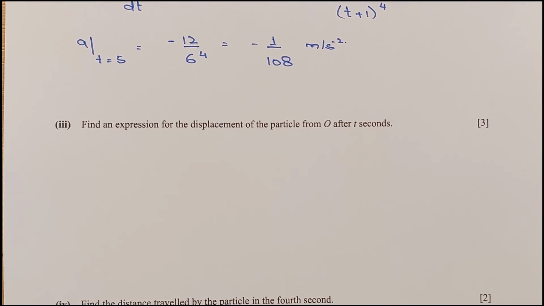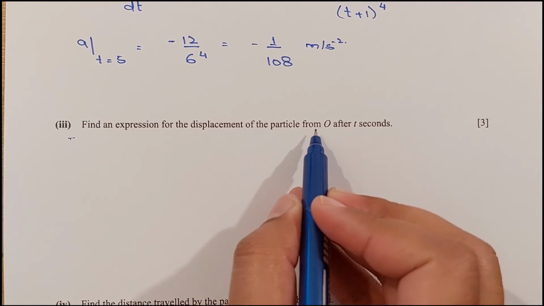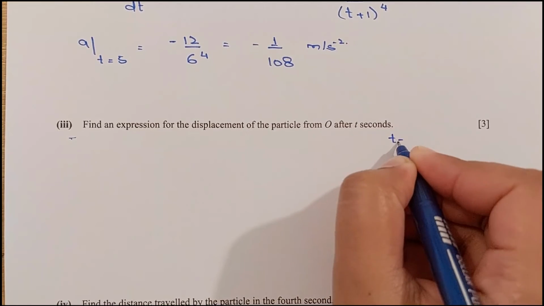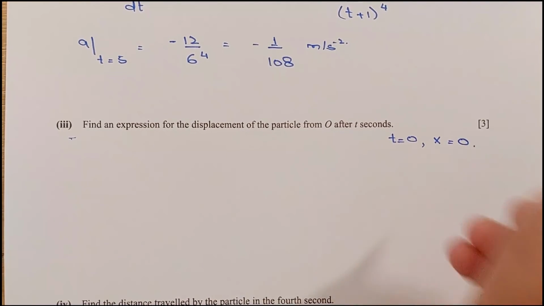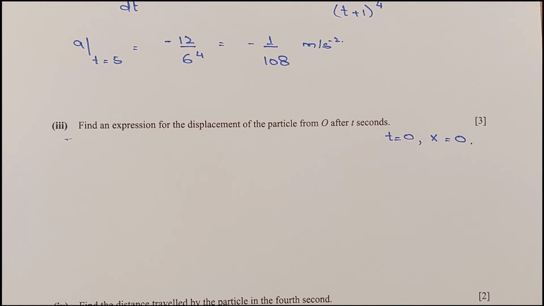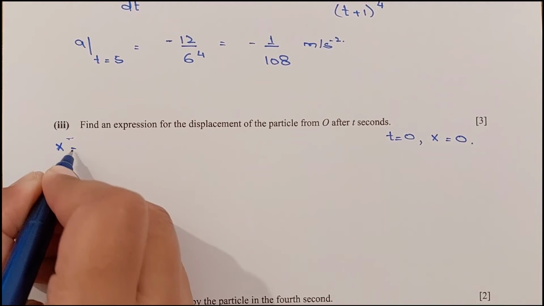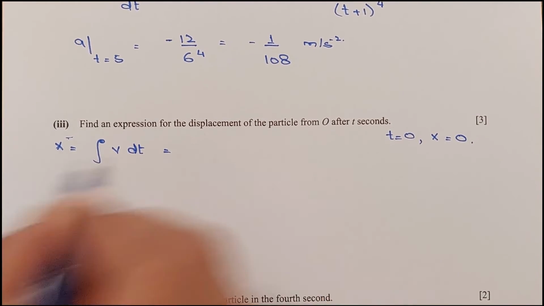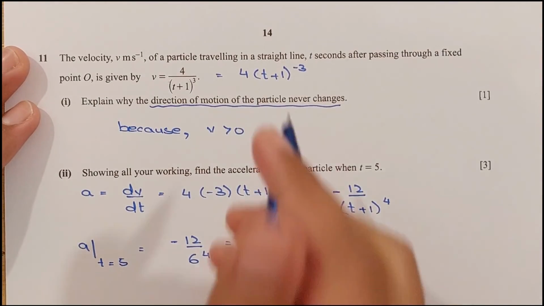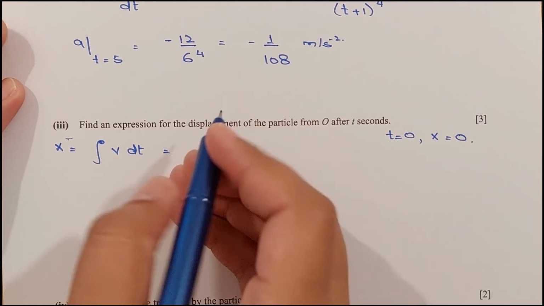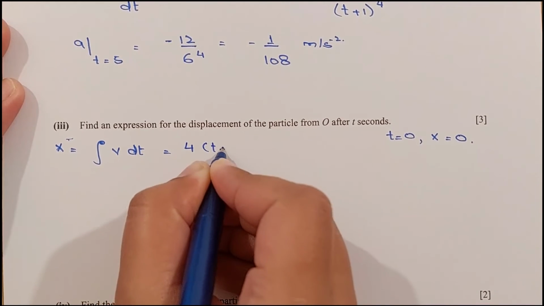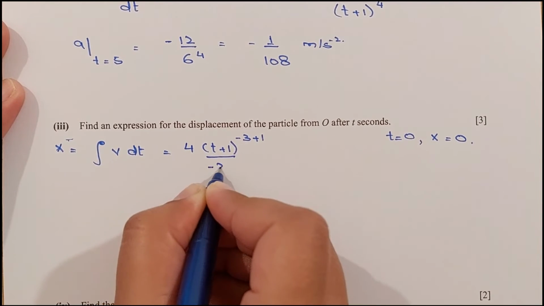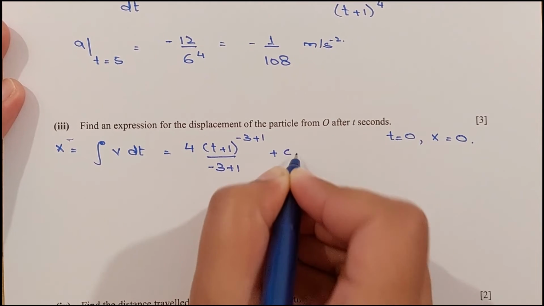Now for the third part, find an expression for the displacement of the particle from O after t seconds. When time equals 0, the displacement of the particle is 0. Displacement is the integration of velocity with respect to time, so we integrate applying the power rule. We have 4 times (t plus 1) to the power of minus 3 plus 1, over minus 3 plus 1, plus some constant of integration.